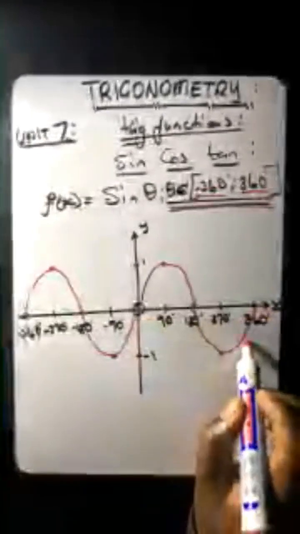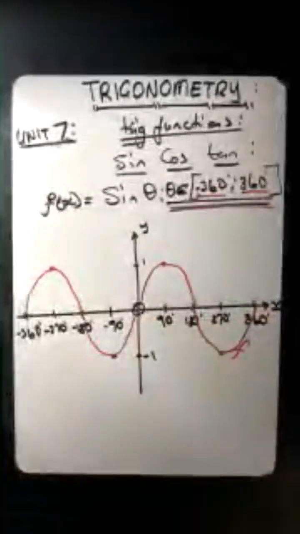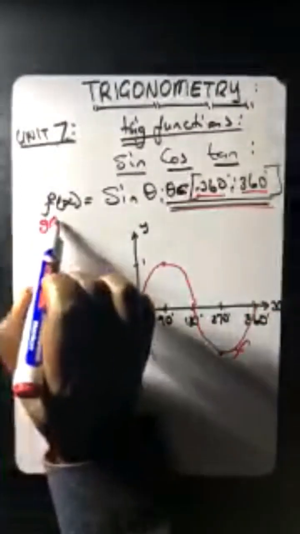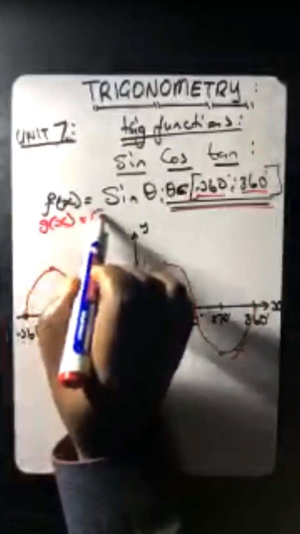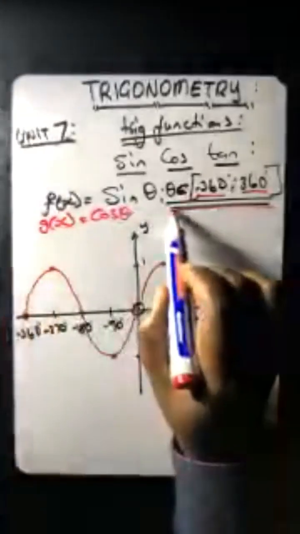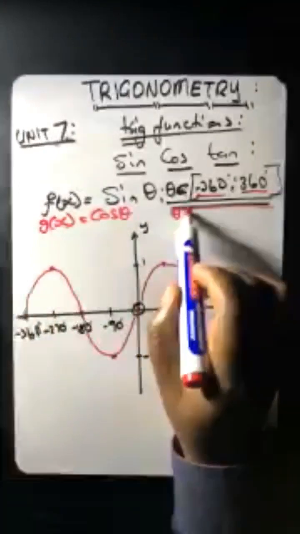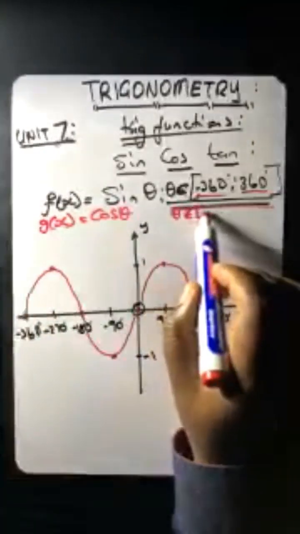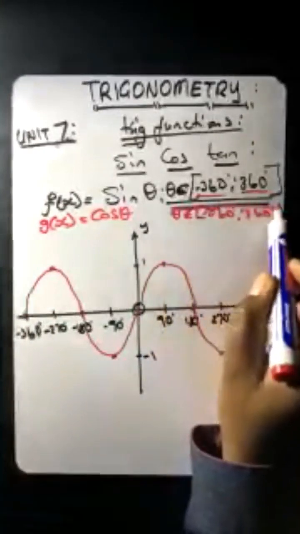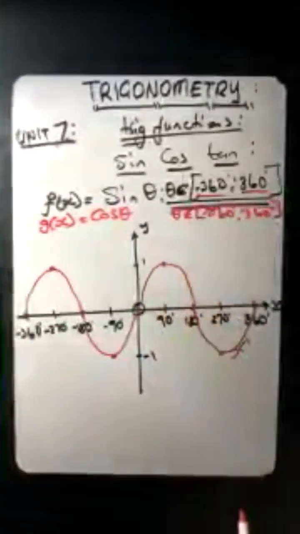Maybe let's now say this is the function f. And on the same set of axes, let's also plot g of x, where again the angle is an element of negative 360 to positive 360.